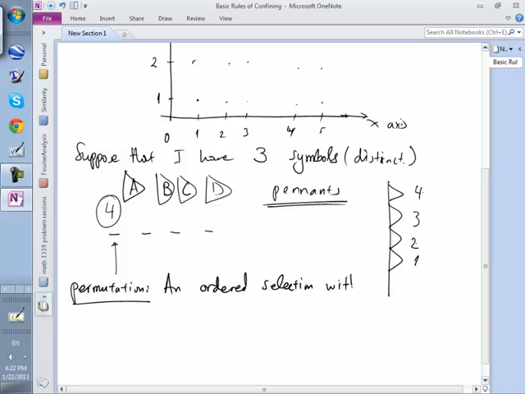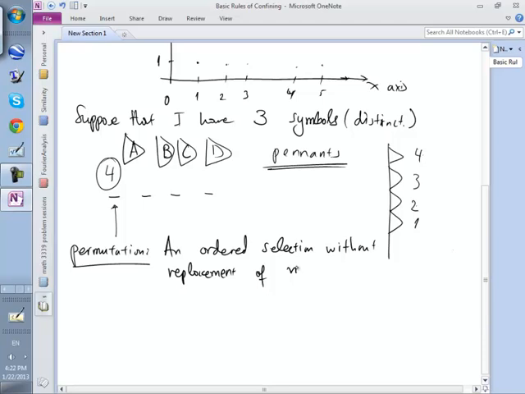But since I had only 4 pennants, I cannot use them more than once. I pick them without replacement. So it's an ordered selection without replacement of k items out of n.